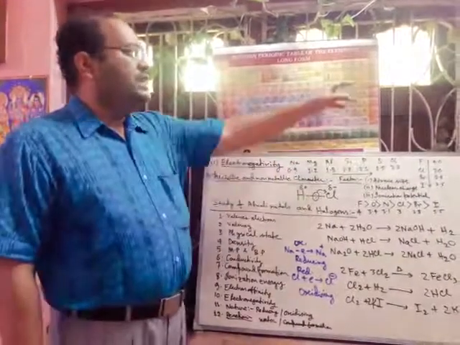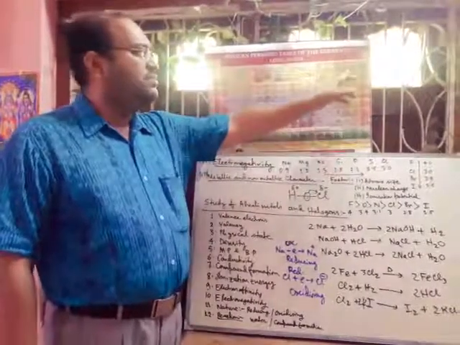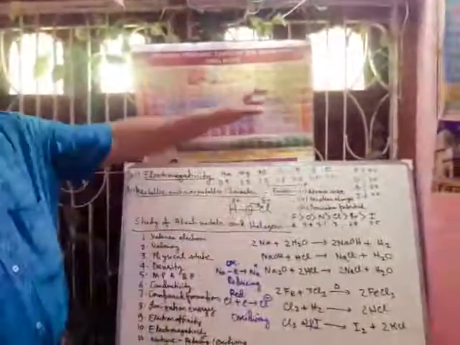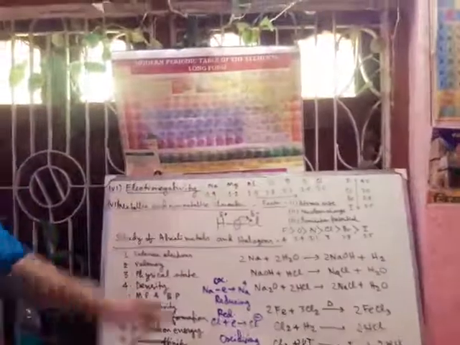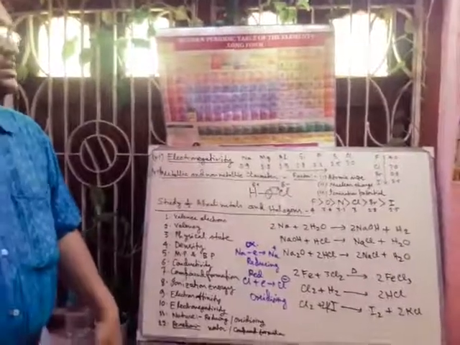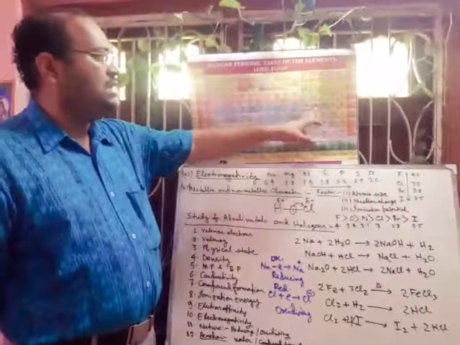Now, if we take the example of group 17, there are fluorine, chlorine, bromine, iodine, astatine. So here if we go down, their non-metallic character will decrease. Better we can take one example of group 14 elements: carbon, silicon, germanium, tin, lead.